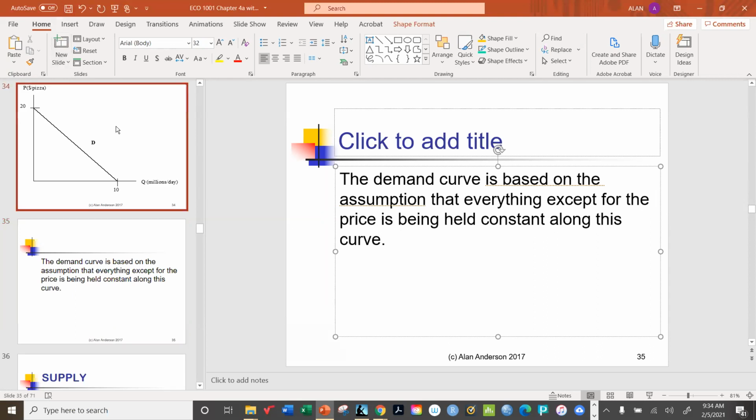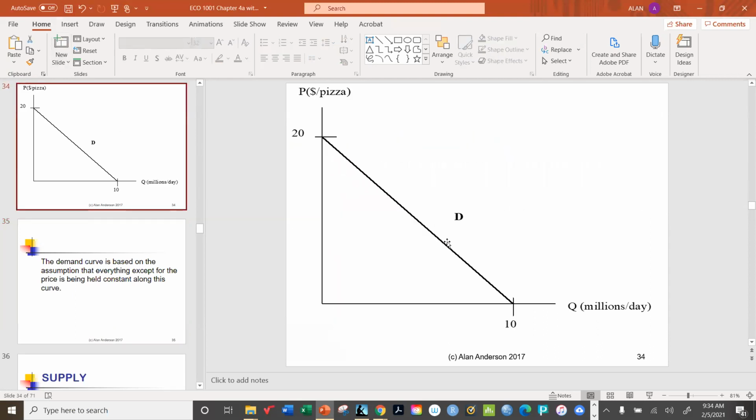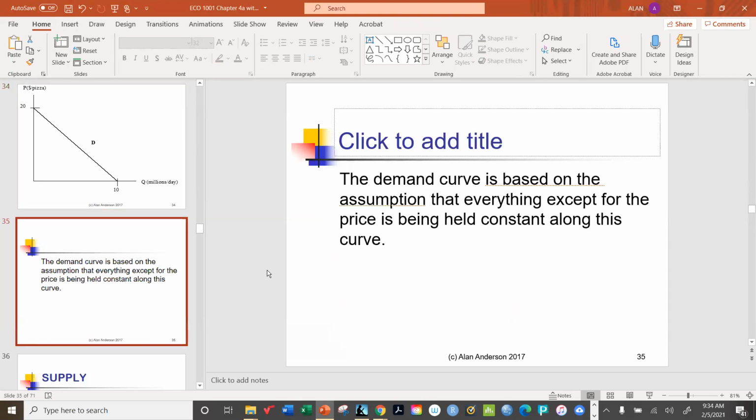In other words, when we're on this curve, at every point in this curve, our income is the same. The prices of related goods are the same. Our expectations are the same. So the only thing we're allowing to change here is the price. And then we can see the corresponding change in the quantity. Everything except for the price is being held constant.